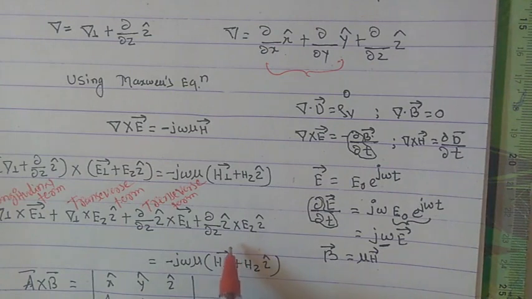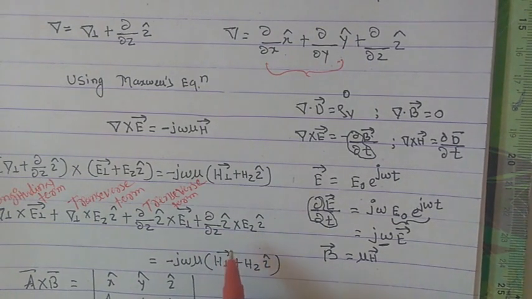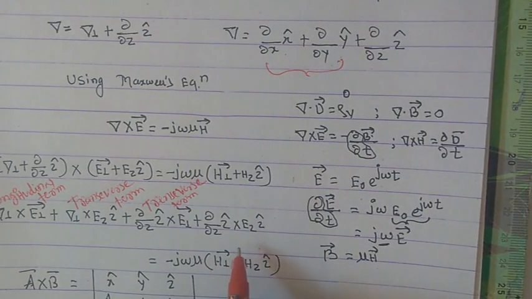By the definition of the cross product, A cross B is AB sine theta, the sine of the angle between them.